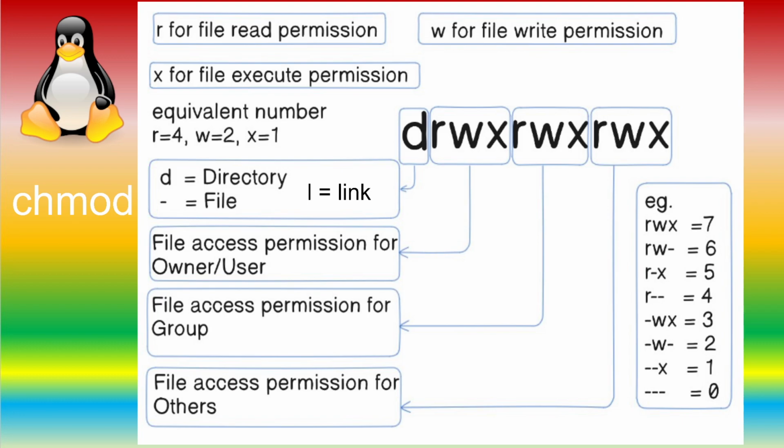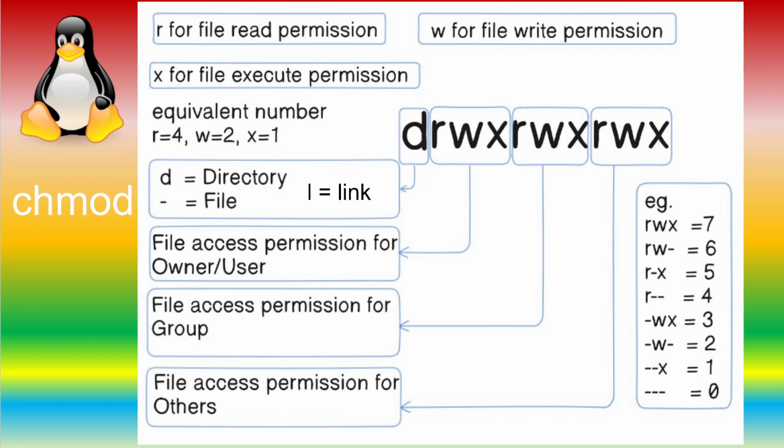If only -W- is there or equivalent value 2, that means it has write permission only. If there is X only, --X or equivalent value 1, that means it has execute permission. If it is --- or its equivalent value 0, that means no permission is allowed, no access permission is there.